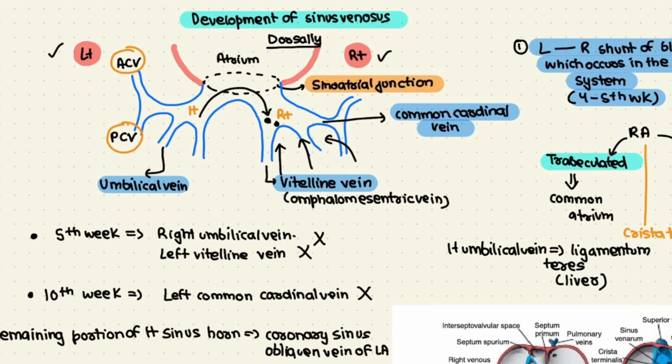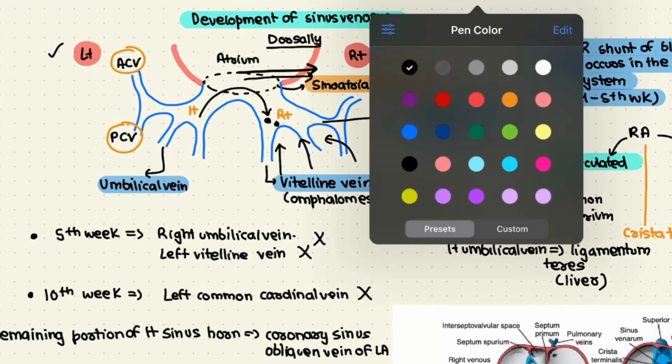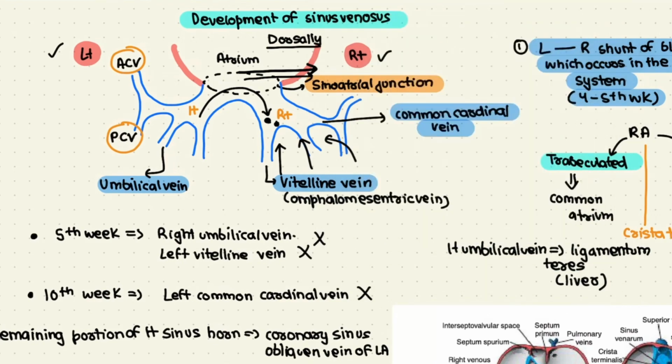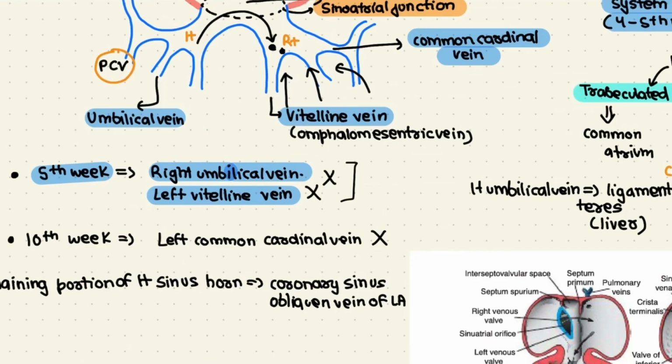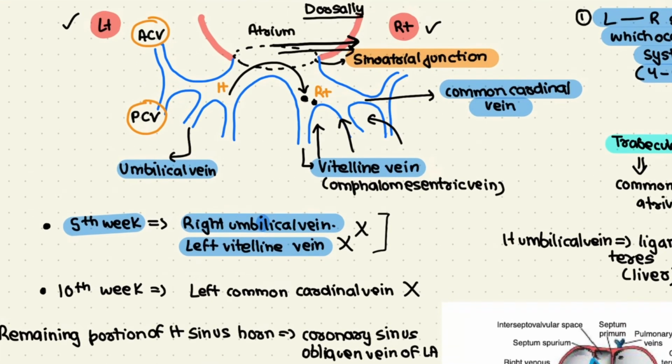So what happens is this sinoatrial junction shifts to the right. There is a shifting of the sinoatrial junction towards the right in favor of where the blood is coming from, that is the right side. By the 5th week of development, the right umbilical vein and the left vitelline vein degenerate.